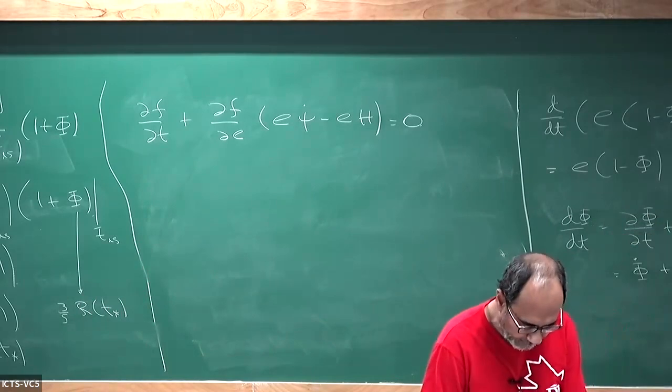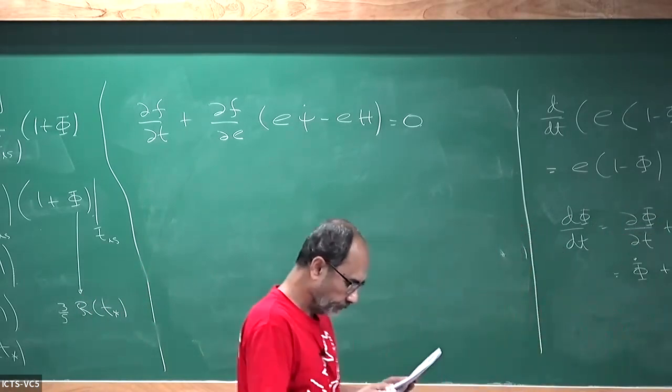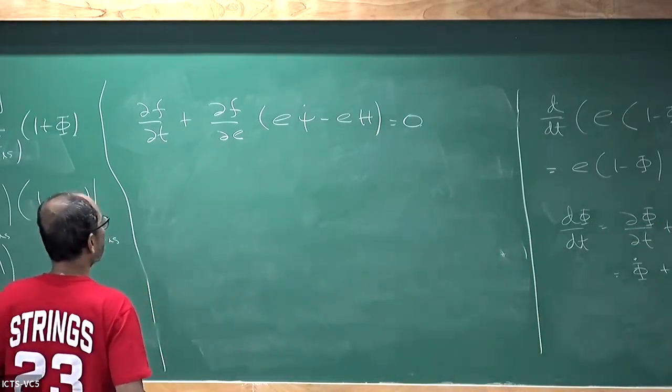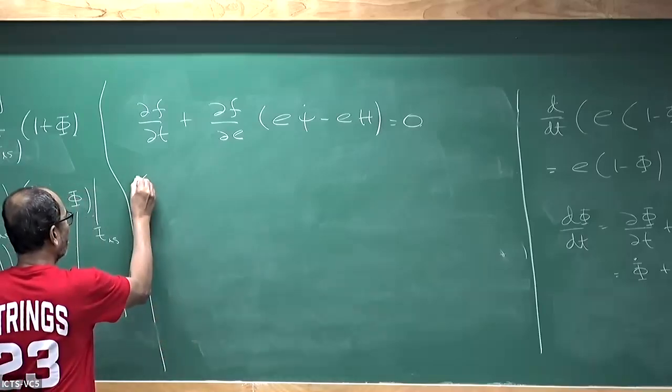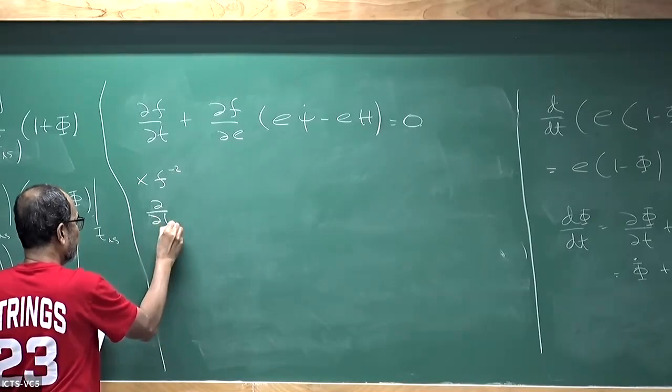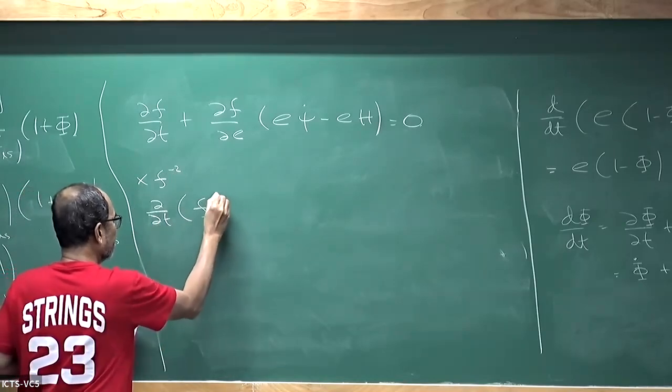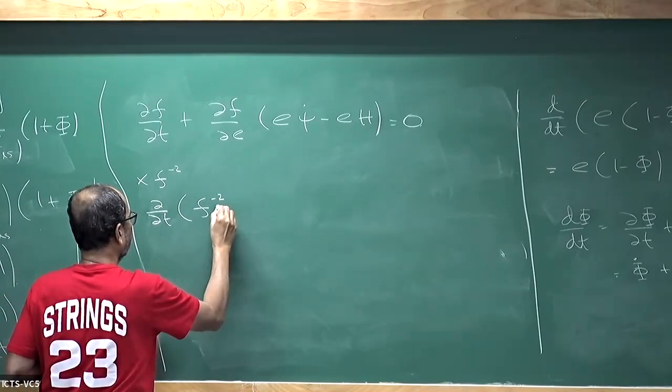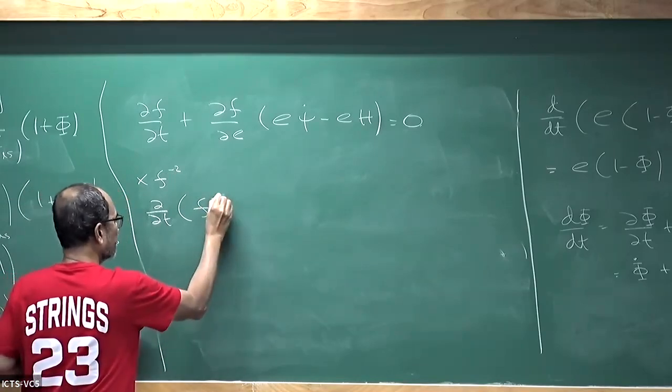So now we are going to try. Maybe I should just write one more equation. Multiply by f to the minus 2. So we get the derivative of f to the minus 2, sorry, f inverse.